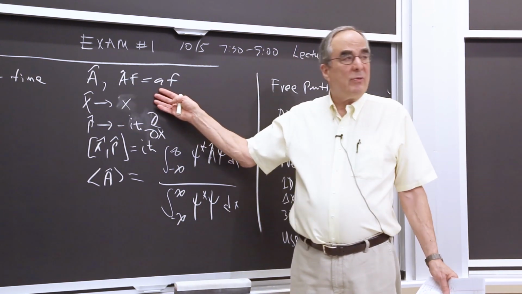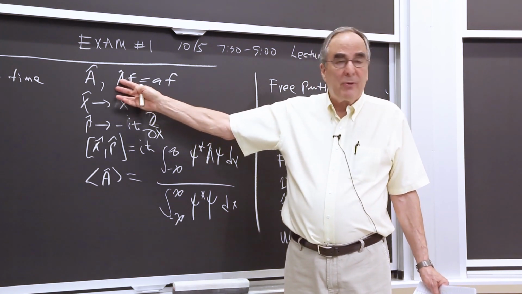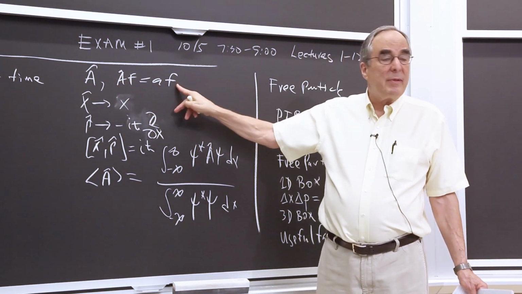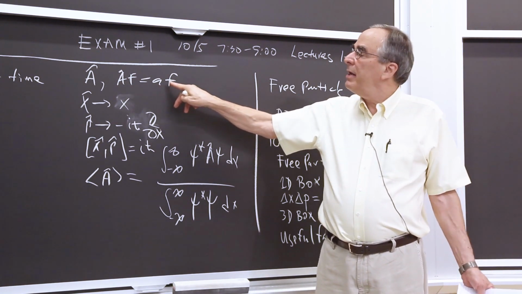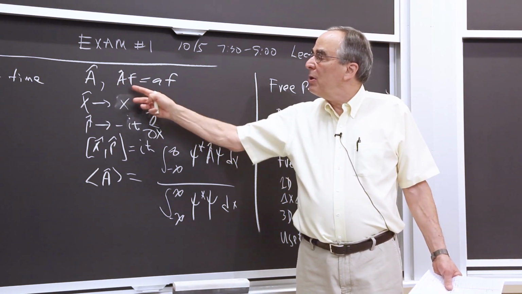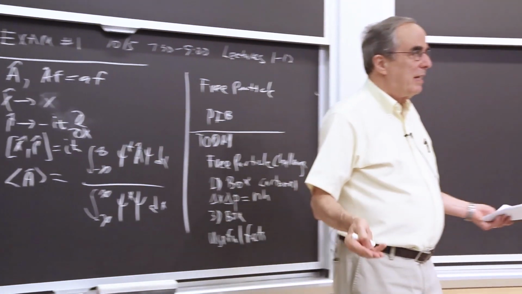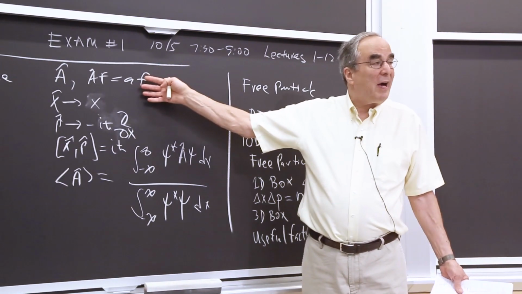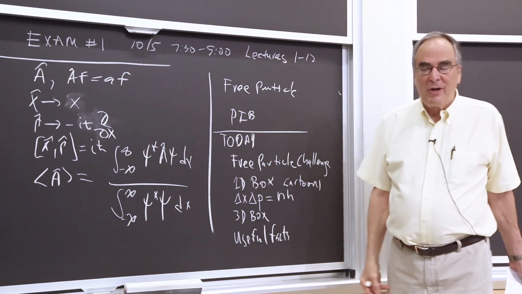This is an eigenvalue equation. We have some function which, when the operator operates on it, gives back a constant times that function. The constant is the eigenvalue, and the function is an eigenfunction of the operator that belongs to this eigenvalue. All of quantum mechanics can be expressed in terms of eigenvalue equations. It's very important, and you sort of take it for granted.